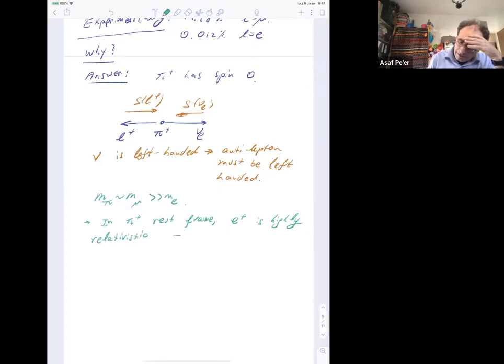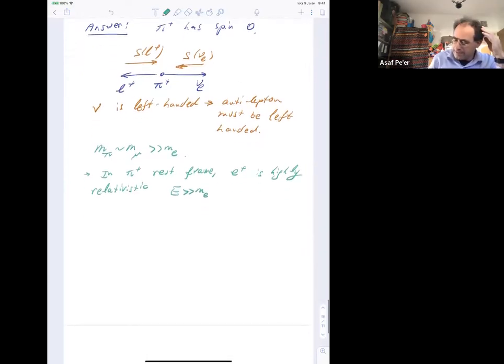That means E is much greater than M, which means I can treat it as approximately massless. But if it's approximately massless, it can only exist in a right-handed helicity state.